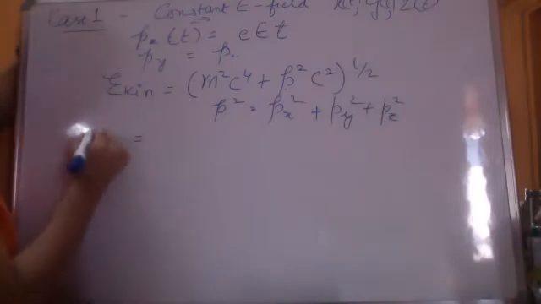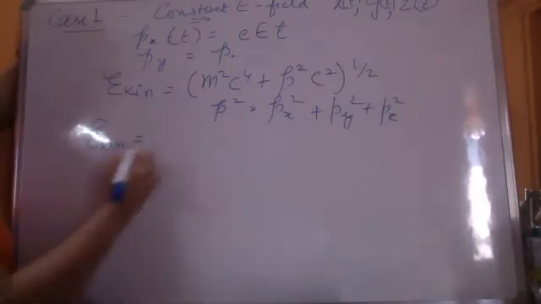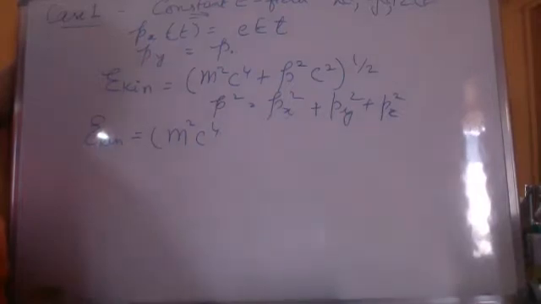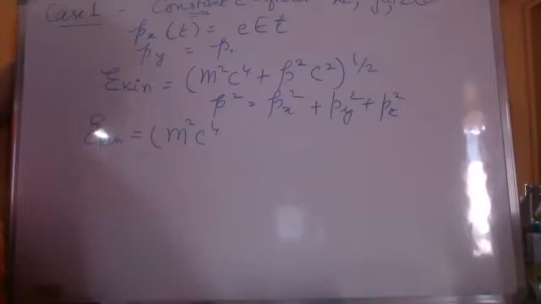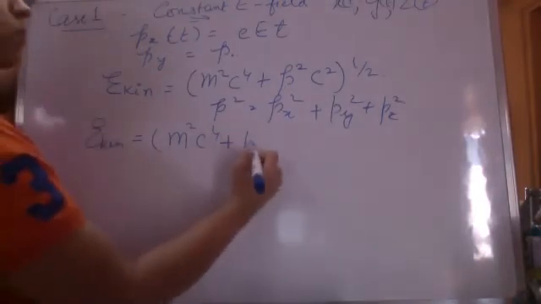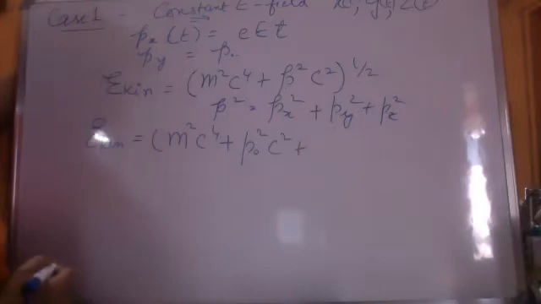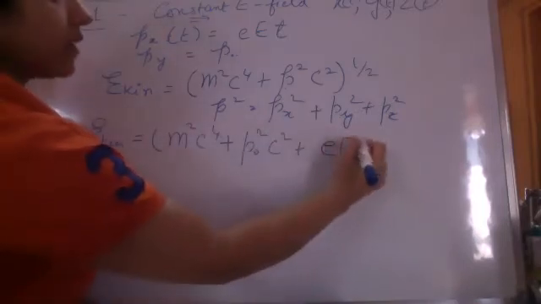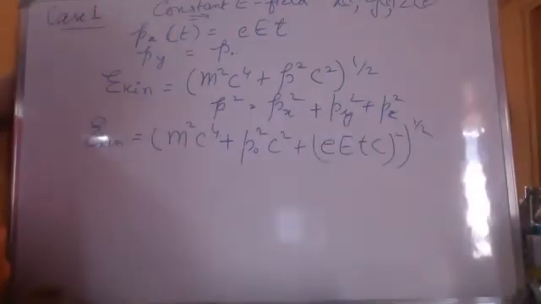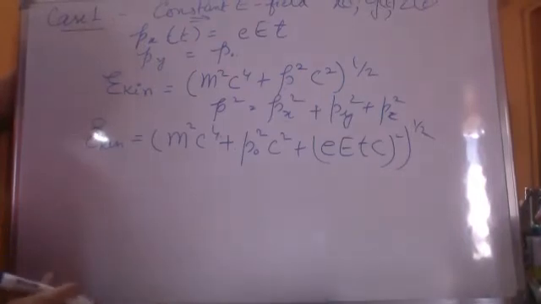So this expression for kinetic energy becomes m square c4 plus p naught square c square plus eEtc whole square, to the power half. I have substituted for px and py.